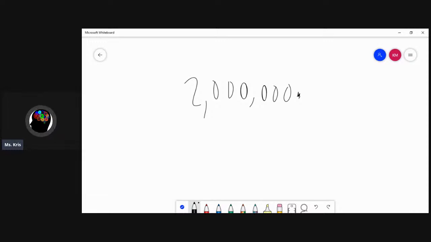So I'm going to move my decimal to the left 1, 2, 3, 4, 5, 6 times. And now I have 2, and that's times 10 to the 6th power.